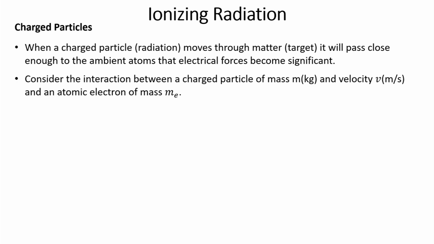Let us consider the interaction between a charged particle of mass m in kg, with velocity v in meters per second, and an atomic electron of mass m_e. We are considering an atom where there are orbiting electrons, and here we will be mostly interested in the outermost electron of the atomic structure.